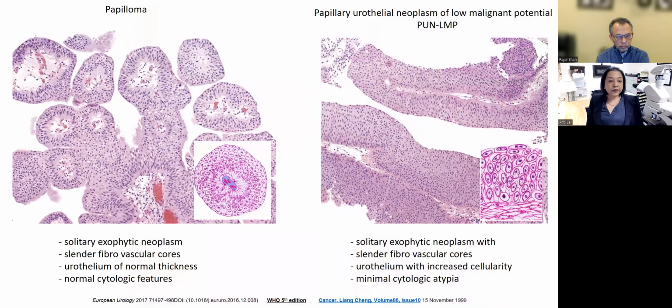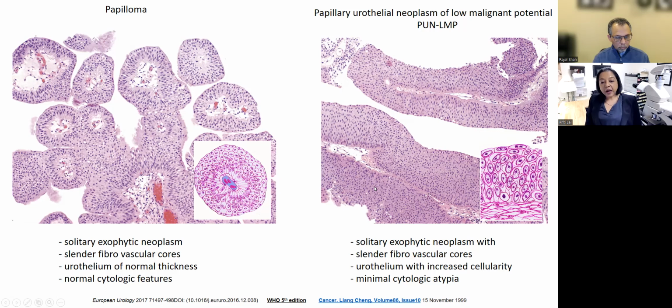A papilloma has a very well-oriented lining. You can easily see the basal layer with the intermediate cell layer and the umbrella cell layer, as shown here. And these are usually solitary exophytic neoplasms, and the lining will remind you of normal urothelium. So if you take a quick look at adjacent urothelium, the lining of these simple papillae will be very similar.